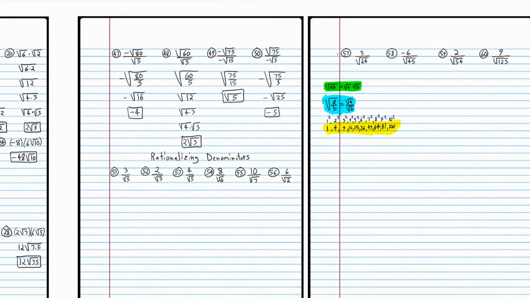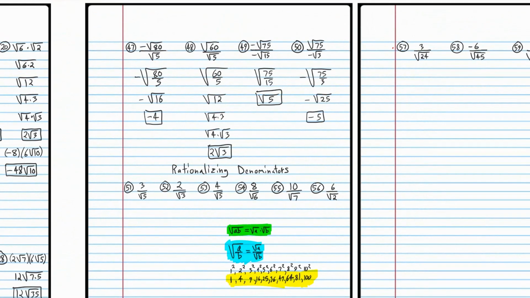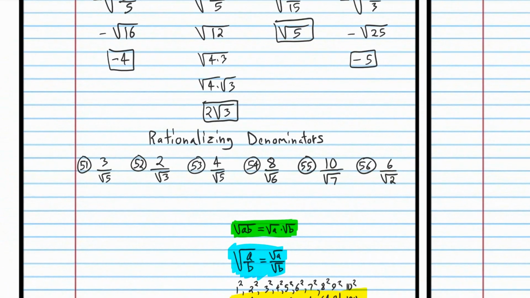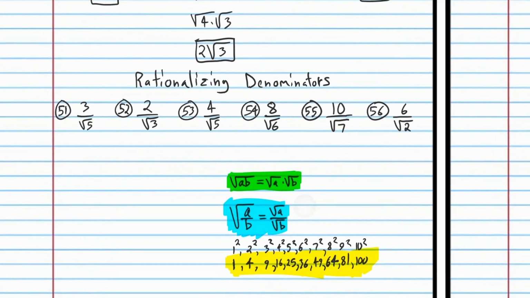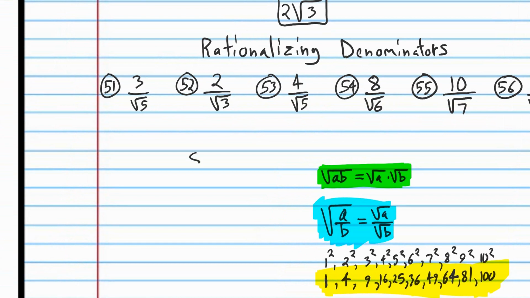All right, so we did some division problems. Now we're going to go to something that is related to division. We have some fractions here, and what we're going to do is called rationalizing the denominators. Now I want to explain something here. If you try to divide 86, for example, by 5, that's not that difficult to do. You can do it using long division.